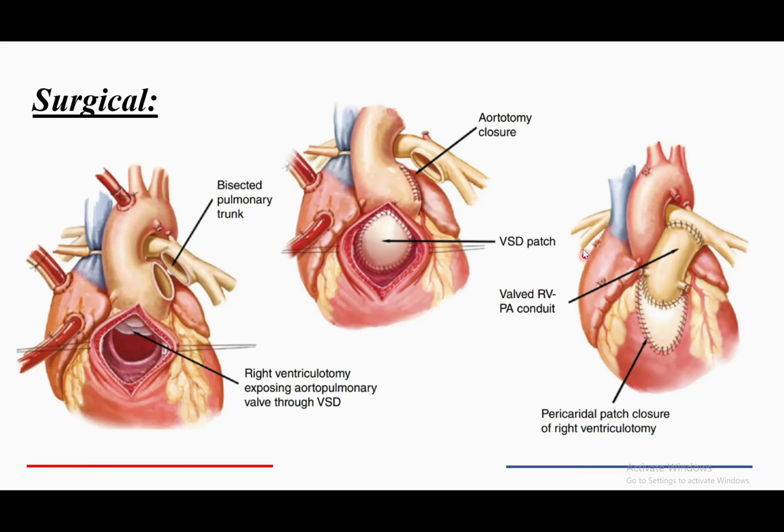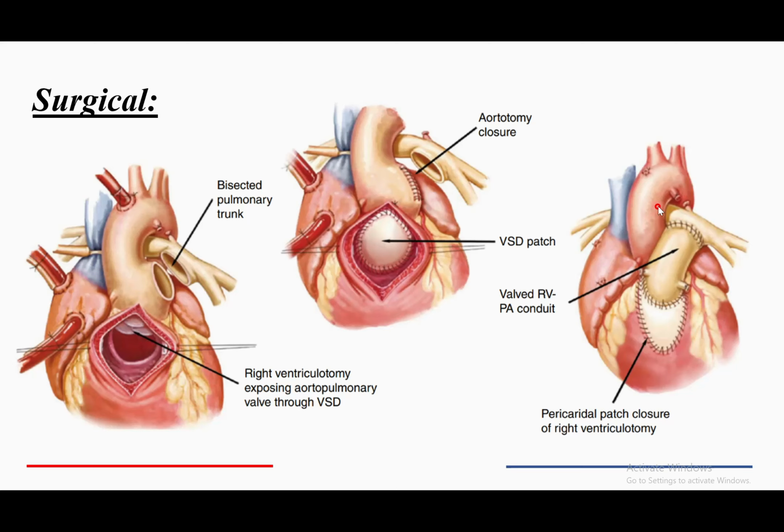Otherwise, the other surgery is that we take part of the truncal valve. We do not separate the pulmonary artery this distally. We separate it more proximally, and we may take part of the truncal artery, and then we pull the pulmonaries towards the right ventricle and the right ventricle towards the pulmonary, and we directly anastomose them together.